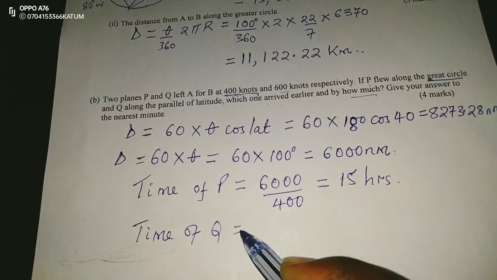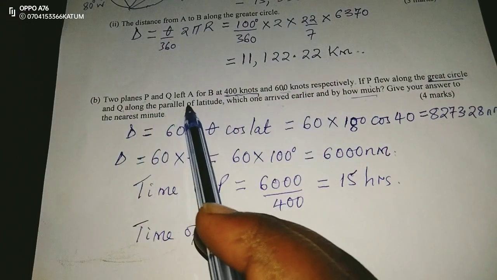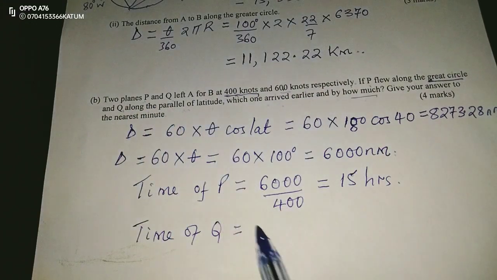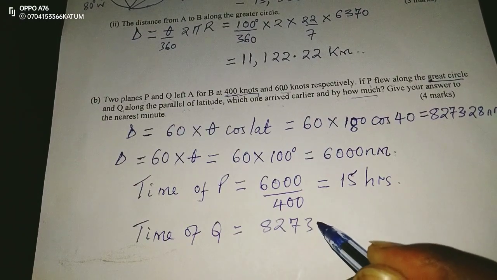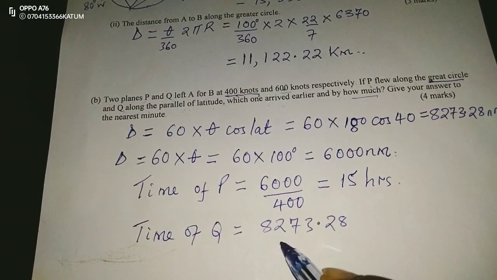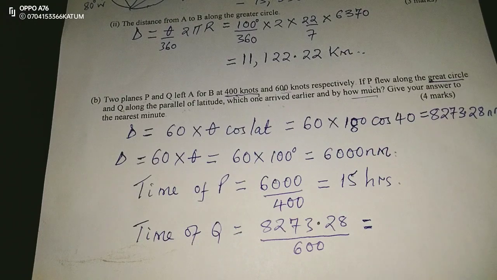Time taken by Q. Q is moving at a speed of 600, but Q will be moving along the parallel of latitude. So it's covering 8273.28 at a speed of 600 knots, or rather nautical miles per hour.